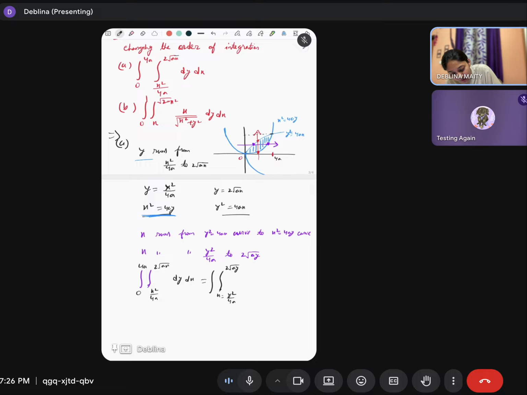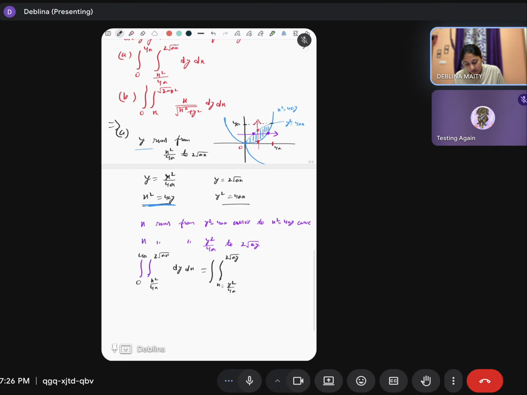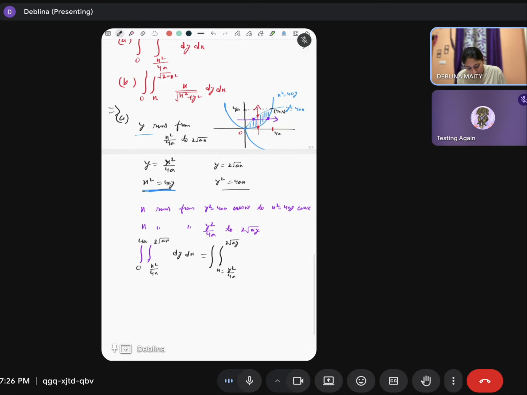This point is actually 4a, 4a. So y changes from 0 to 4a, and the limits change. This is dx dy.